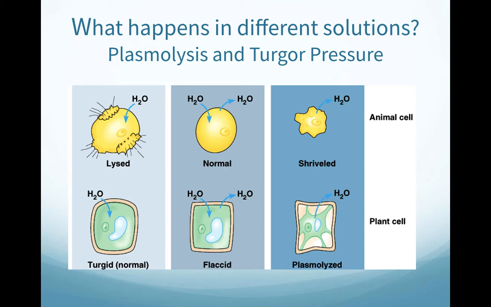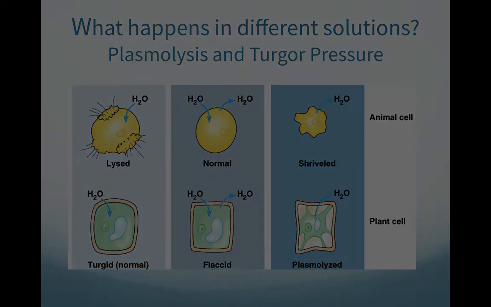If you actually drink too much water, then you could cause problems internally, because then you would have too much water going into your cells. So that could cause even bigger problems, and that's why having electrolyte drinks is important.